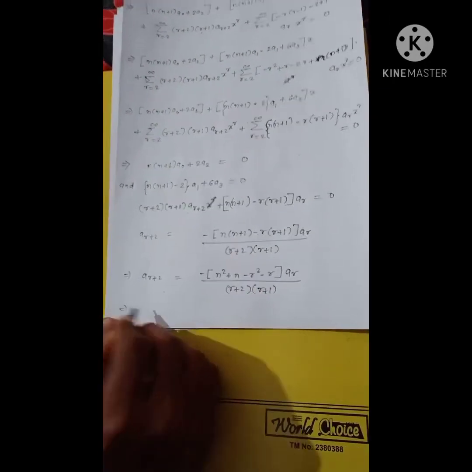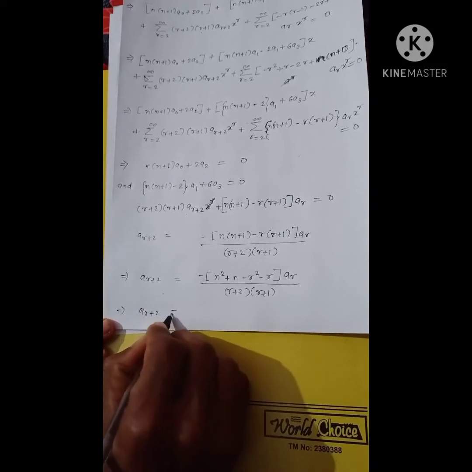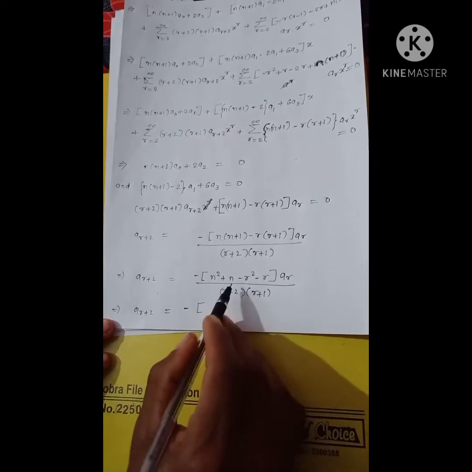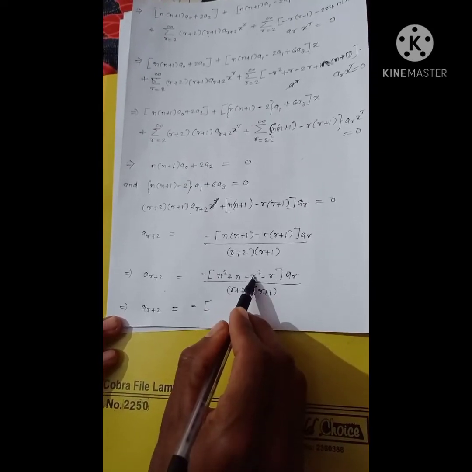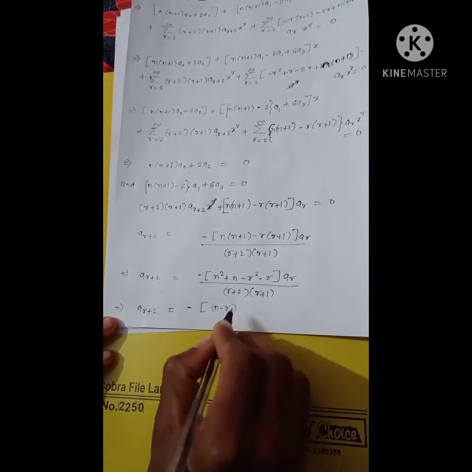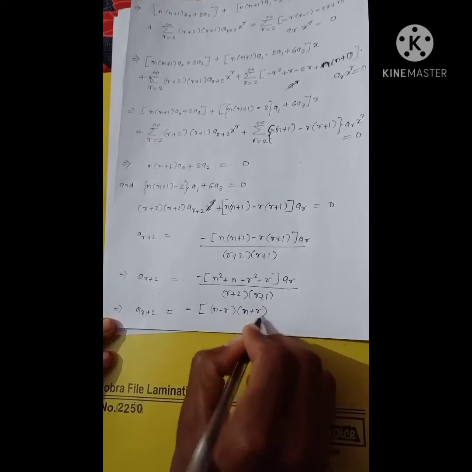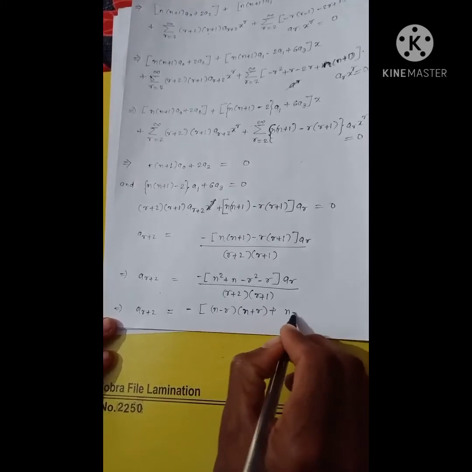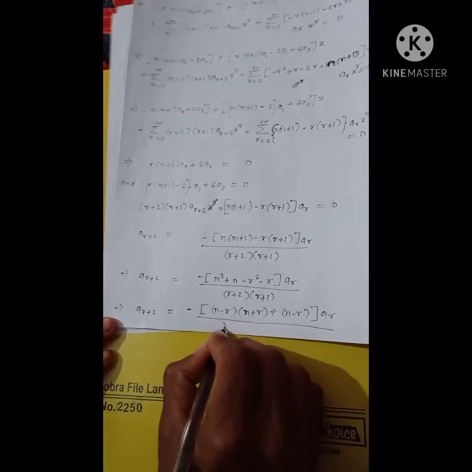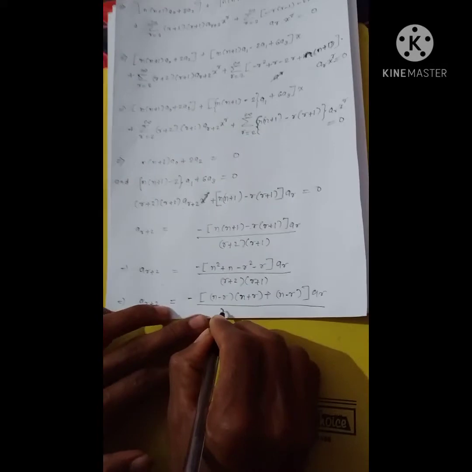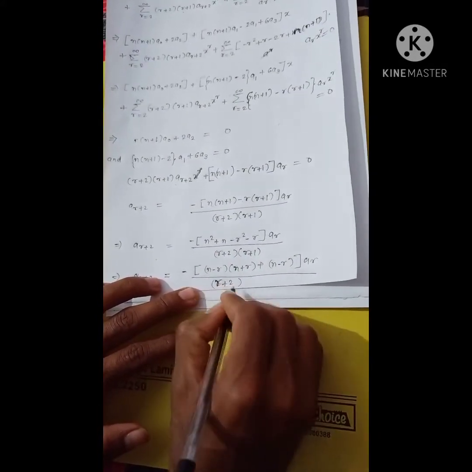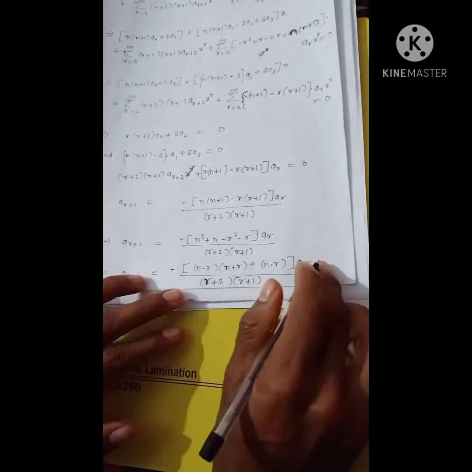And now ar plus 2 is equal to minus n square minus r square becomes n minus r into n plus r, and plus n minus r, into ar upon r plus 2 into r plus 1.